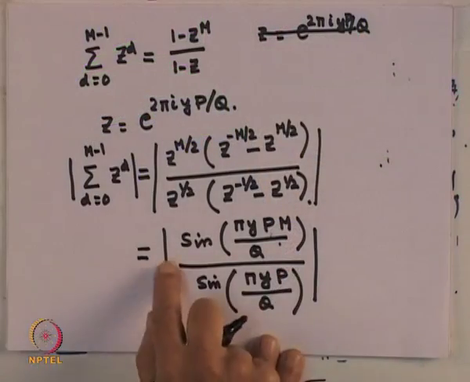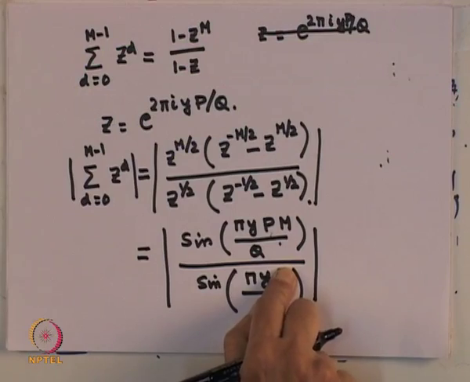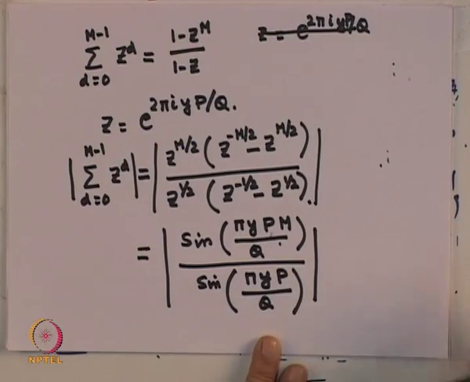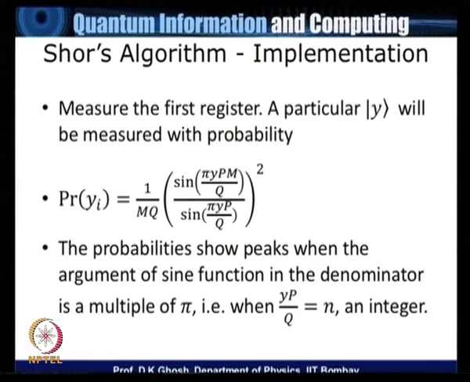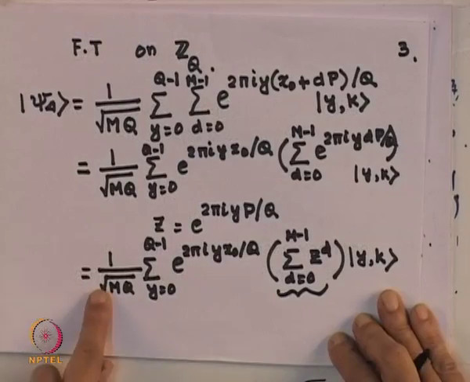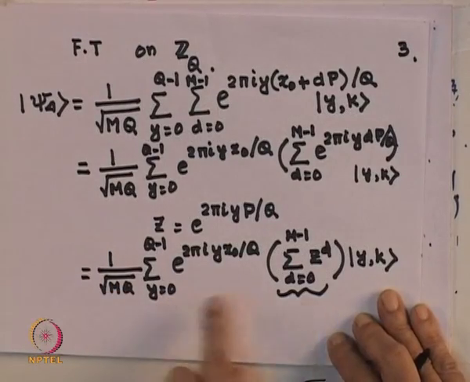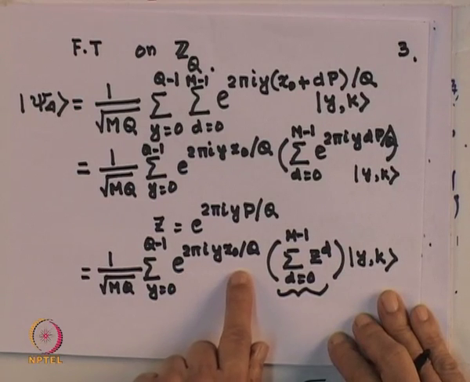Now, the square of this quantity is the probability, and the slide here shows this. There was that 1 over square root of mq in my definition of psi 4. So the probability is the square of this, and since this also has a modulus, it is also an unimodular function.